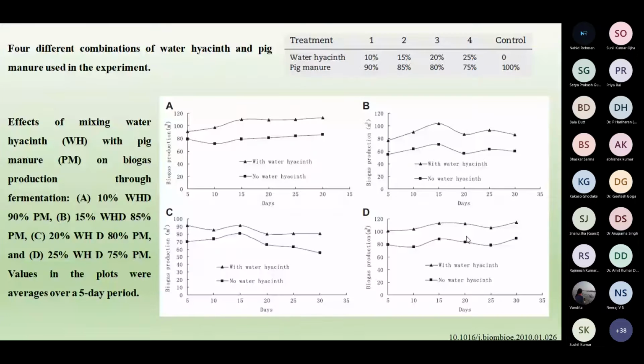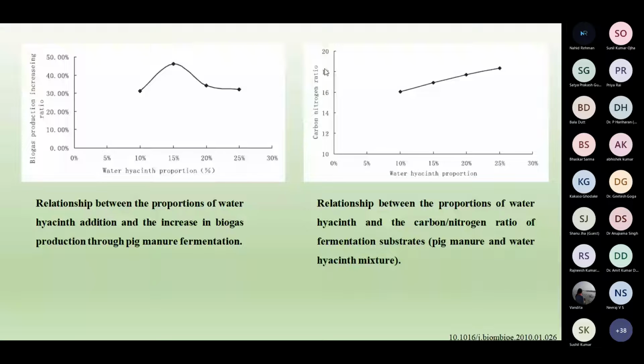Then they interpreted the result and found that when water hyacinth and pig manure are added in a specific proportion, it affects the bioprocess because the carbon to nitrogen ratio is getting altered. It gives you the optimum when your water hyacinth proportion is 15%. So maximum biogas production was achieved there.